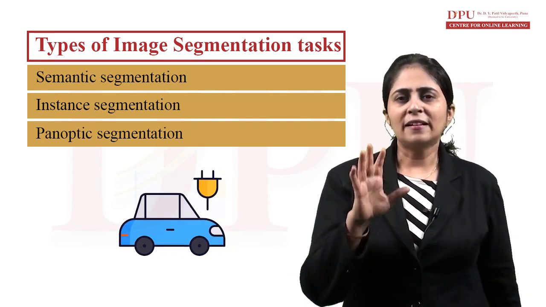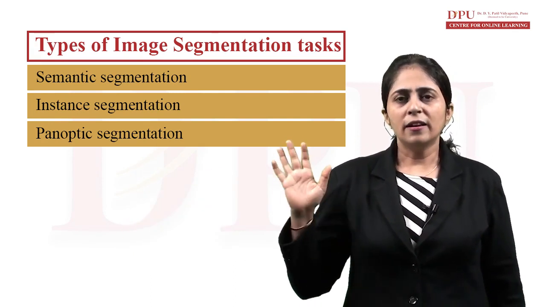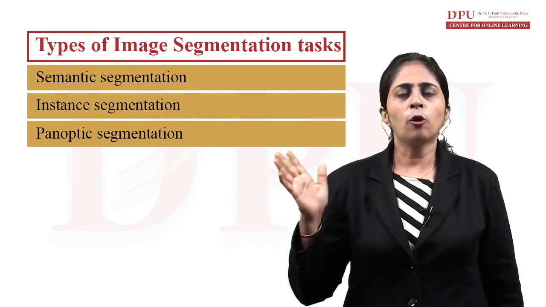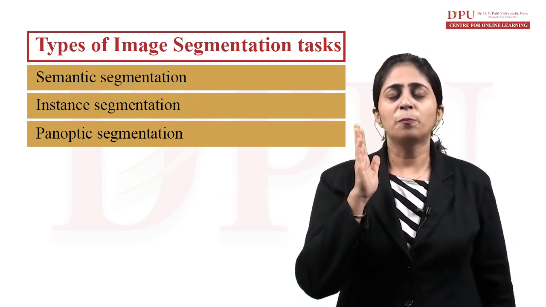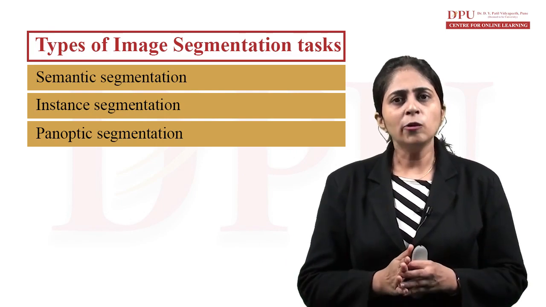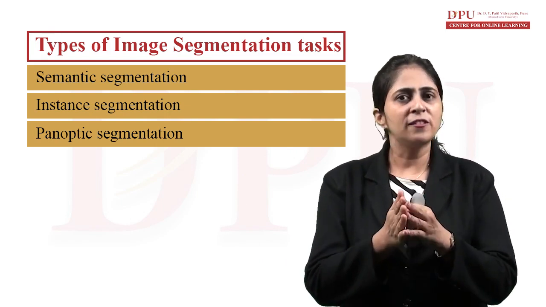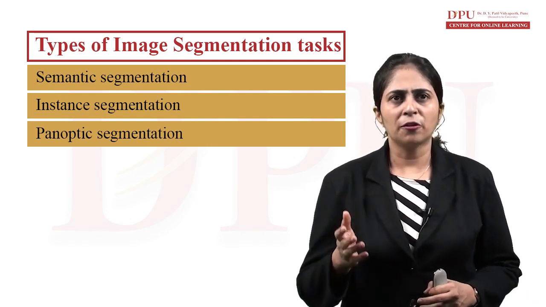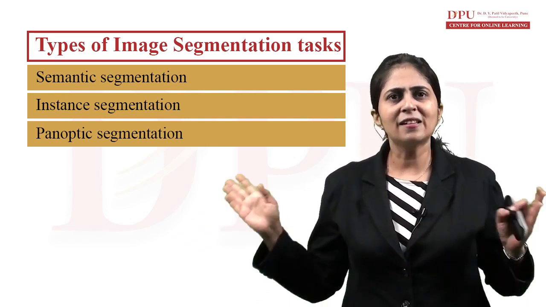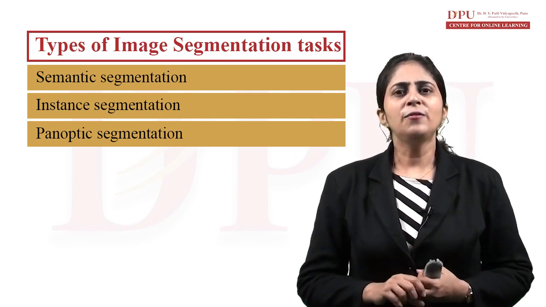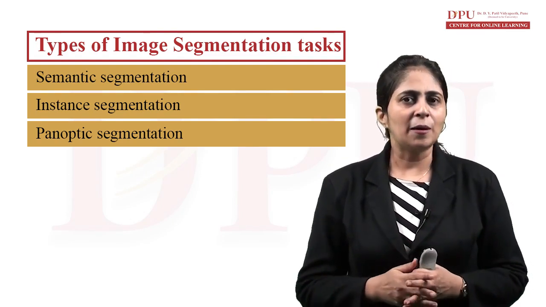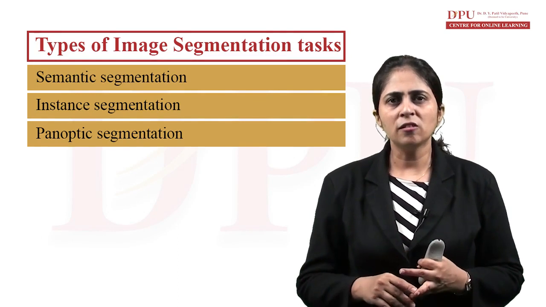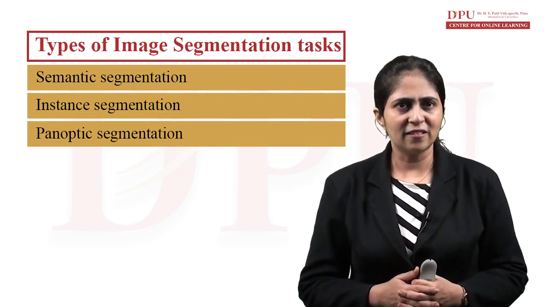So if the self-driving car sees what all objects are in the surroundings and visualizes them properly, only then will it be able to drive safely. In that case, where we require a large amount of information about the immediate surroundings, we use panoptic segmentation, which is a combination of instance and semantic segmentation.